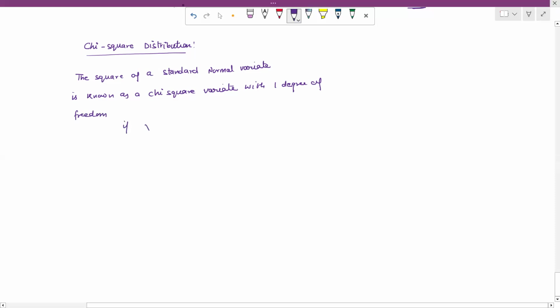So we say that if X is a random variable which follows the normal distribution with the two parameters mu and sigma square, then we write the standard normal variate Z, which has the formula (X minus mu) upon sigma, and follows the normal distribution with parameters 0 and 1.